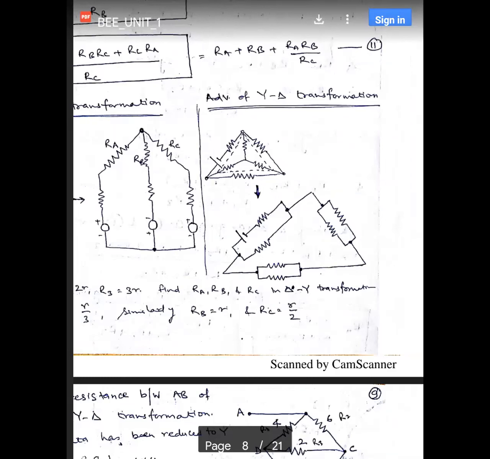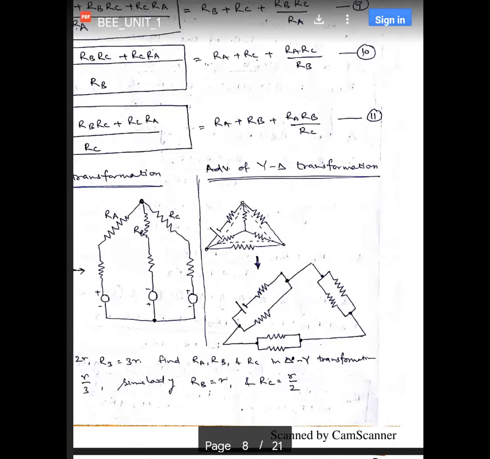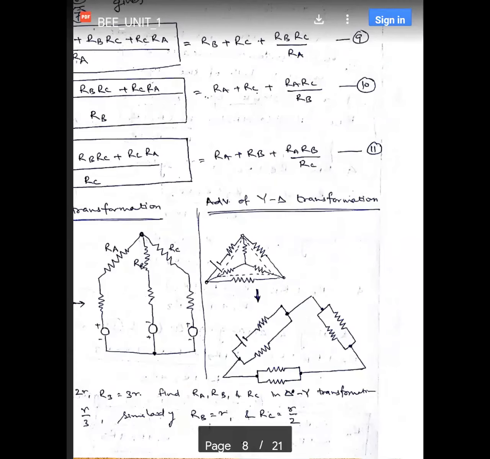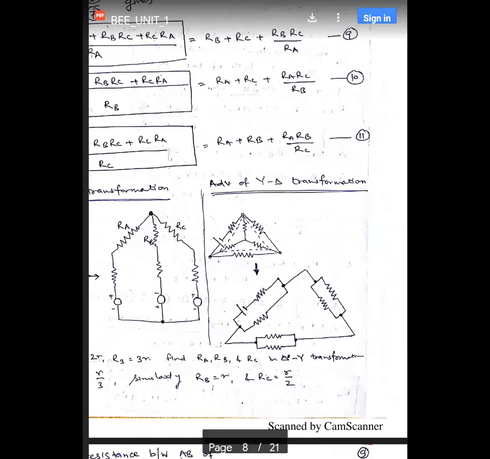Now we will take another example of star to delta transformation. So if this circuit is given like this, this internal triangle is given and external triangle is given. So internally, a star is given.